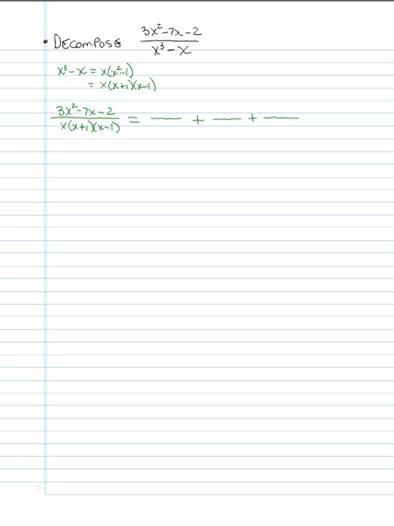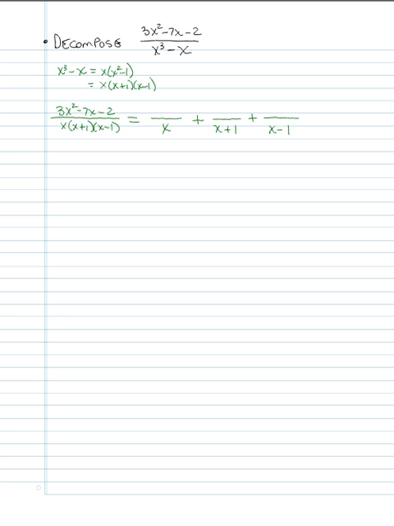The first factor in the denominator is just simply x. And so the first denominator is going to be x. The second factor in the denominator is x plus 1, so we're going to have a fraction that has the denominator x plus 1. And lastly, we're going to have a fraction that has the denominator x minus 1.